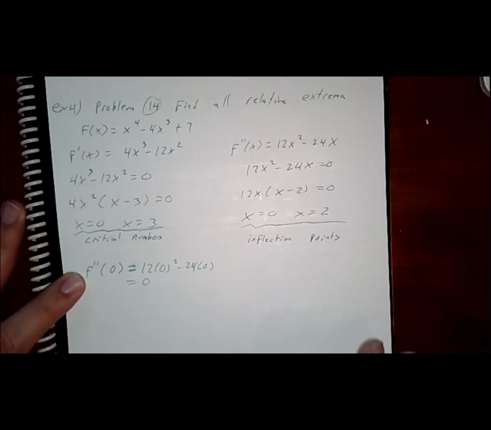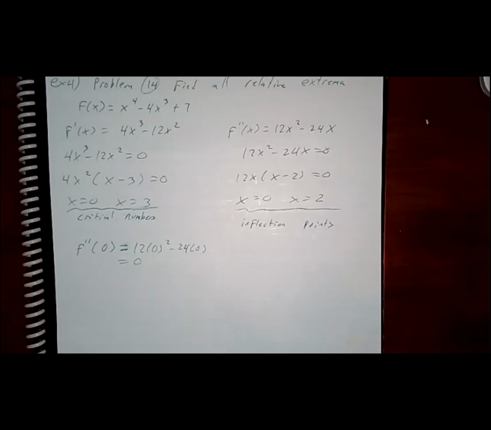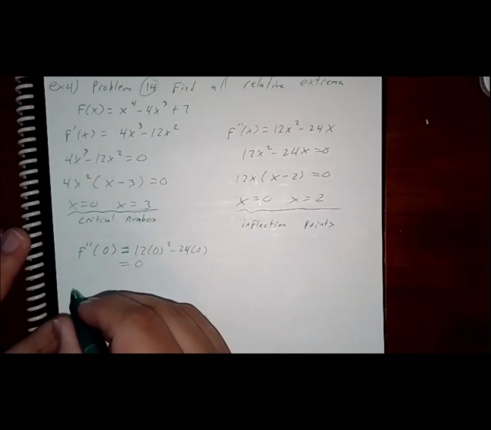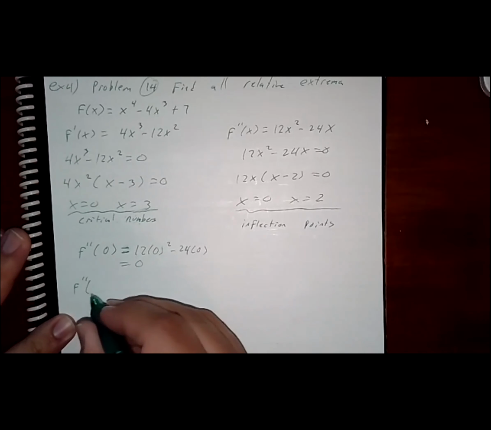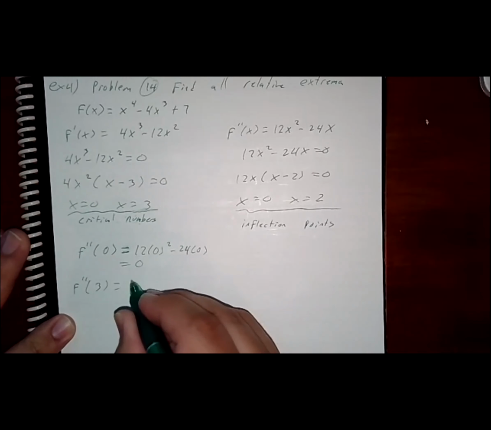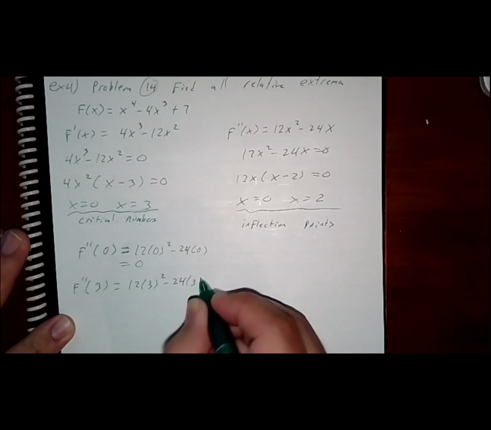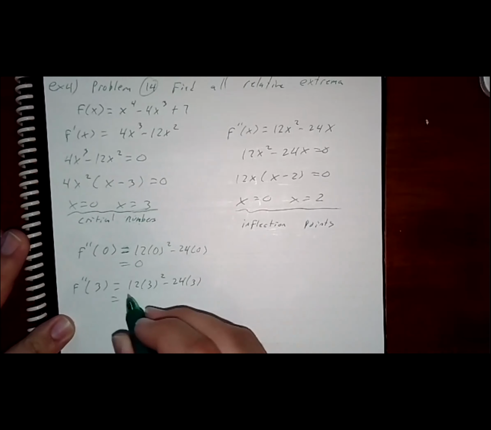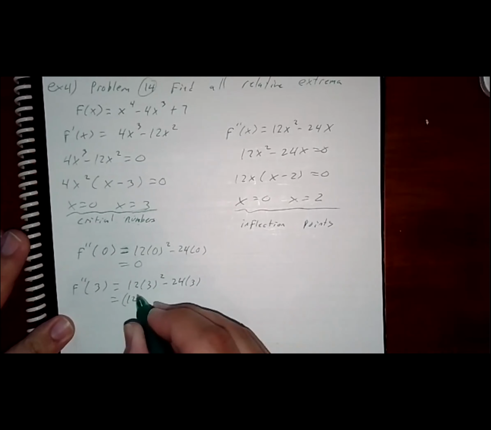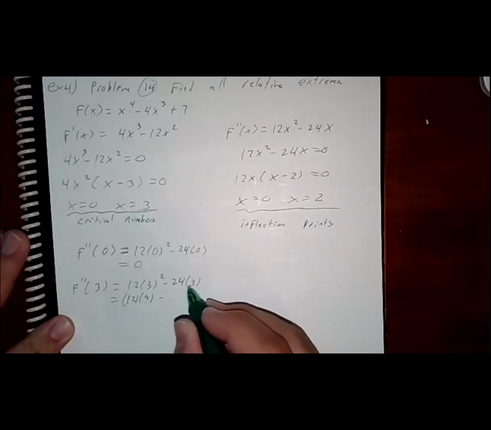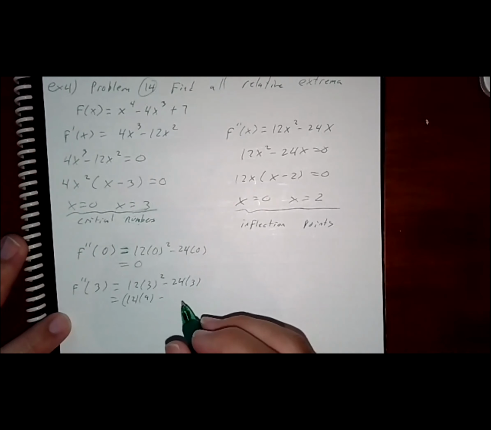Zero. So it's not positive or negative. I don't know. It's not a max or a min. Plug in the 3. That gives you 12 times 9 minus 24 times 3. What's that going to be?